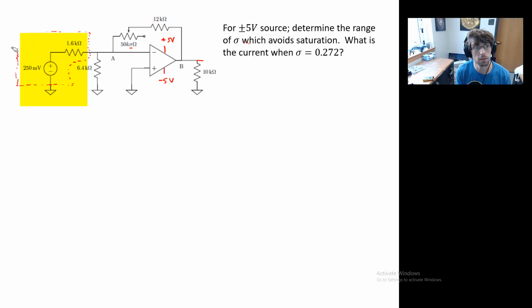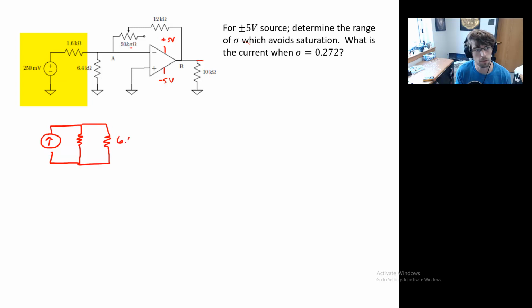If you really wanted to, rather than considering this potential supply with a resistor, you could model it as a current supply in parallel with that resistor. So you could replace that portion, if you want, with something like this.